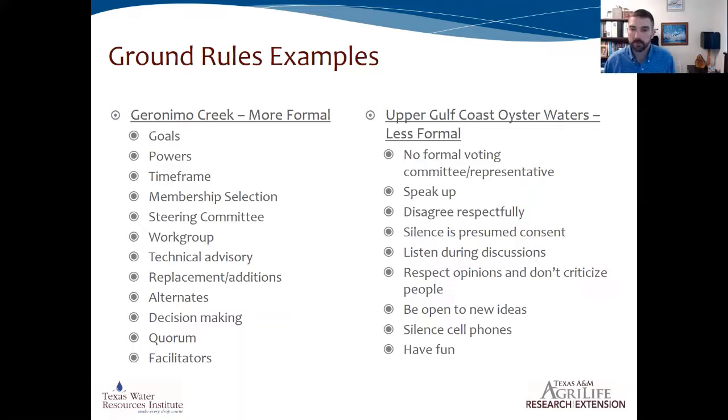They use a fairly informal approach where they didn't have a formal voting committee or anything like that set up. And they basically just said, let's all play nice in the sandbox and talk through these things and be respectful and come up with decisions that best suit the watershed. So these are just some examples of what could go on.